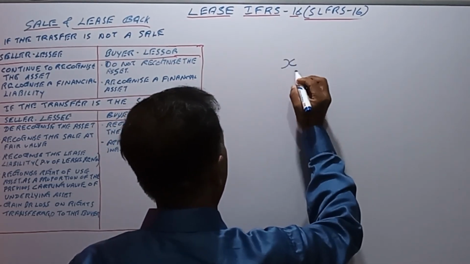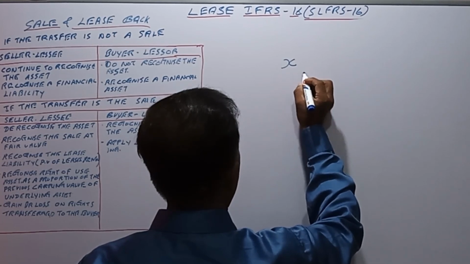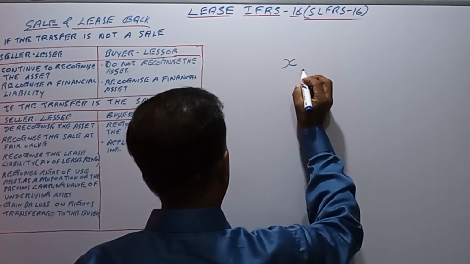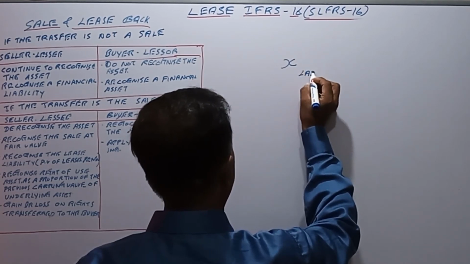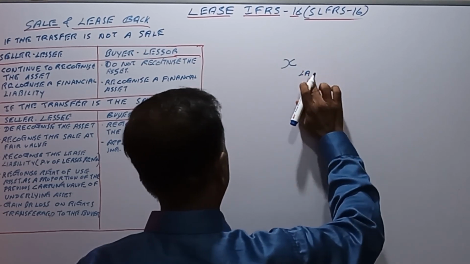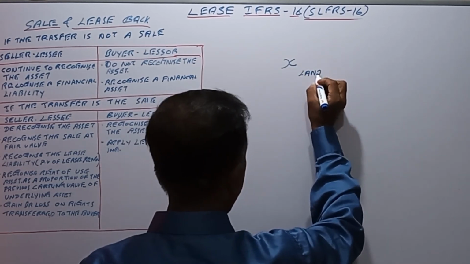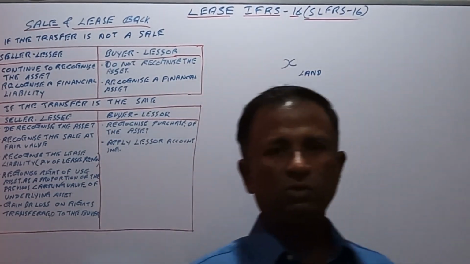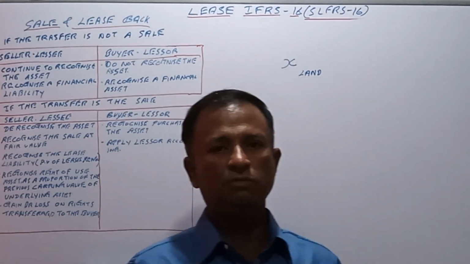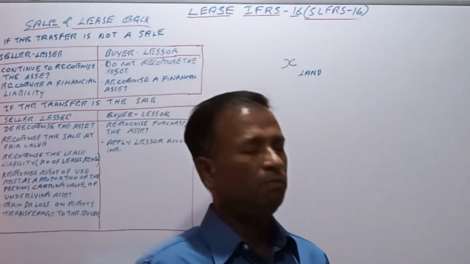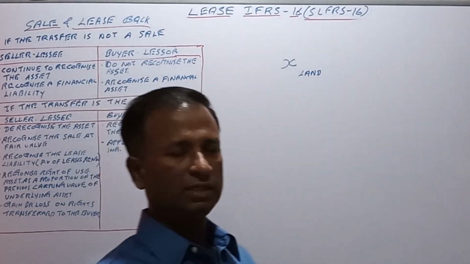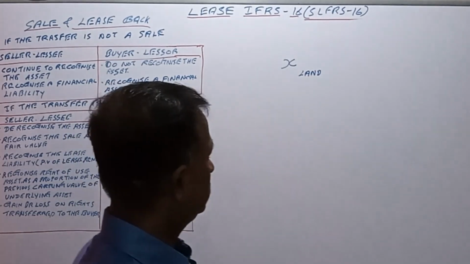Say X has a property, that is land, right? He has a land. Now he wanted to expand his business, but he doesn't have enough capital to expand the business.